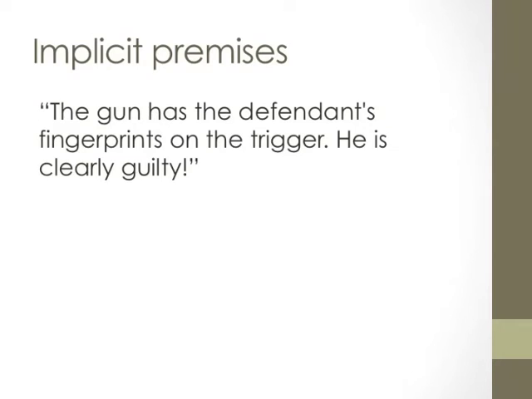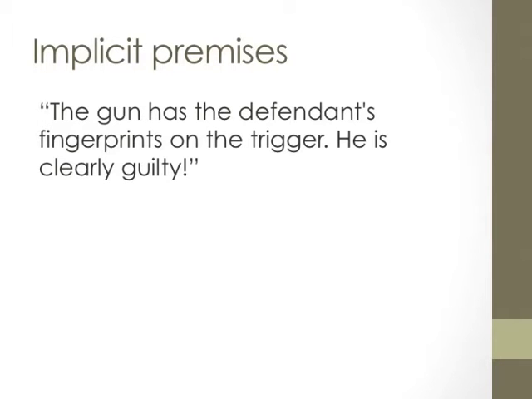By the way, an argument in which one or more of its premises, or even its conclusion, is left implicit is called an enthymeme. "The gun has the defendant's fingerprints on the trigger. He's clearly guilty." So take a look at this utterance. This seems like an argument, perhaps one given by the prosecutor in court.